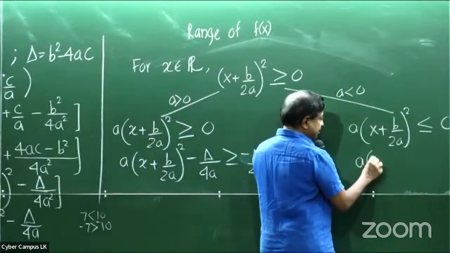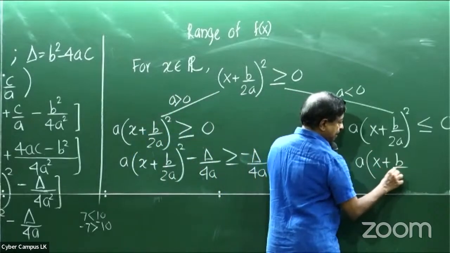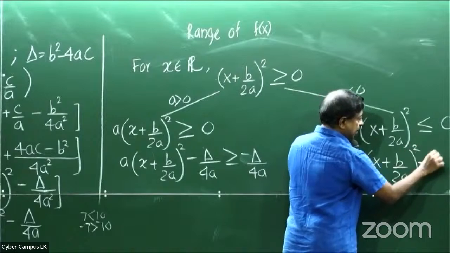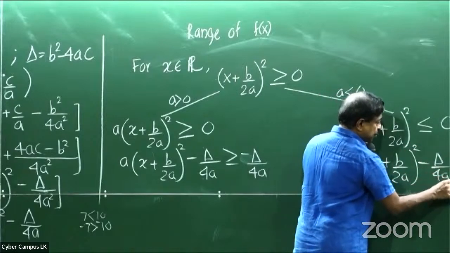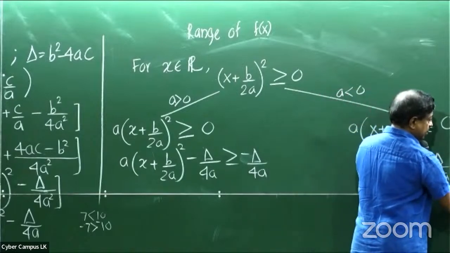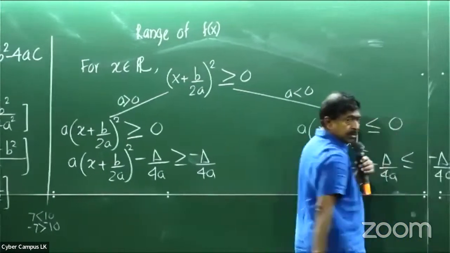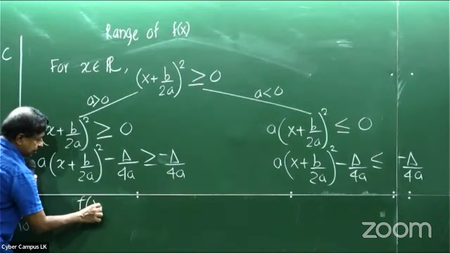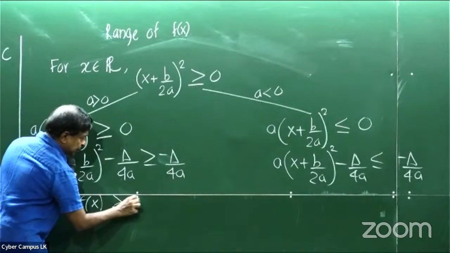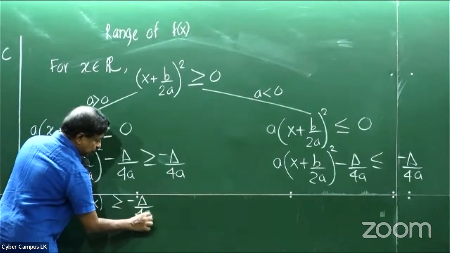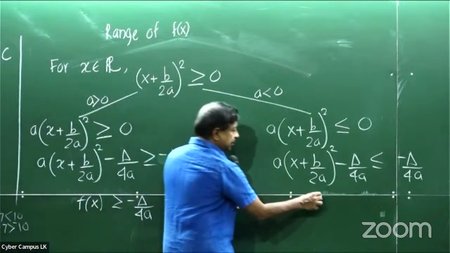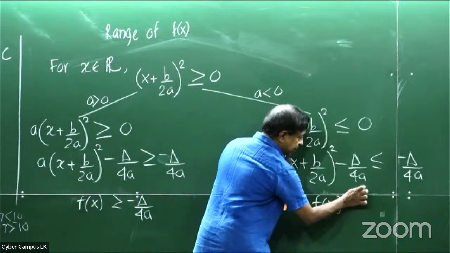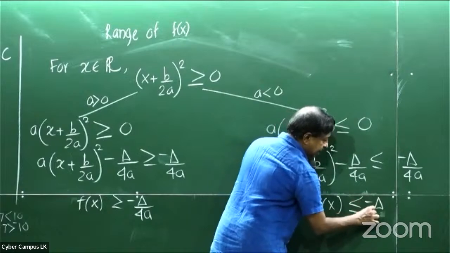Here also I do the same thing. I subtract delta over 4a from both sides. Now what is this? This is fx greater than or equal to minus delta over 4a. This is fx less than or equal to minus delta over 4a.